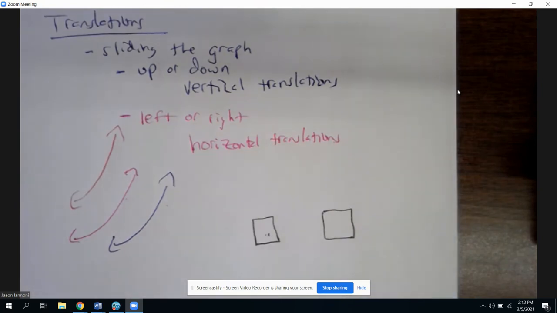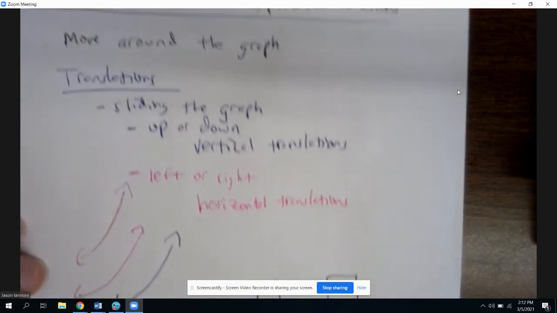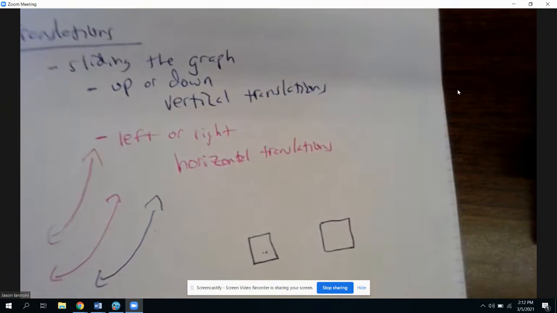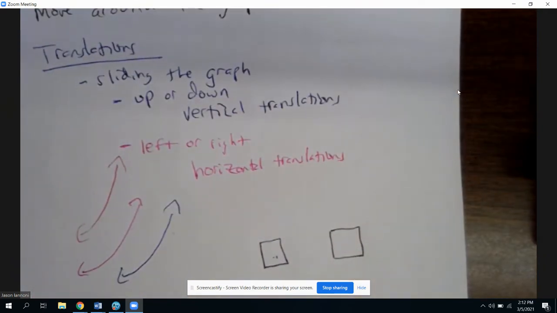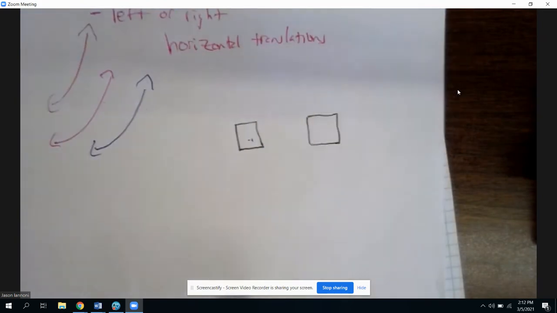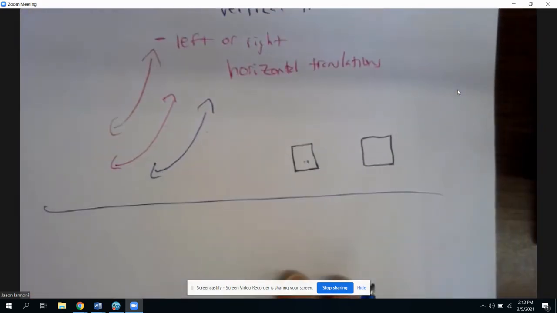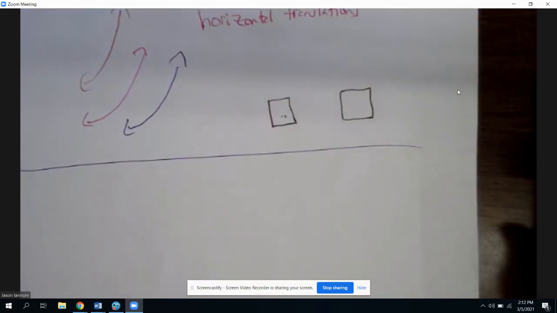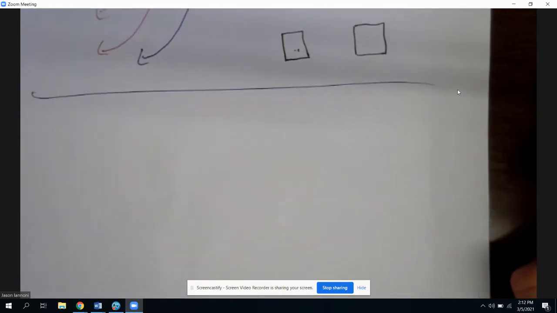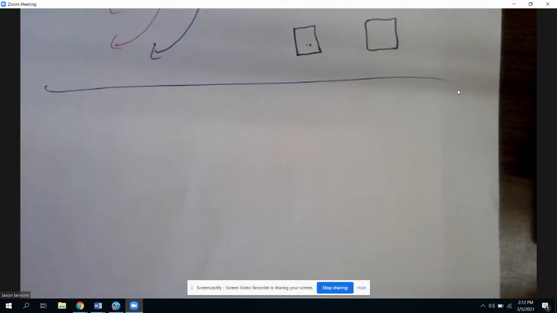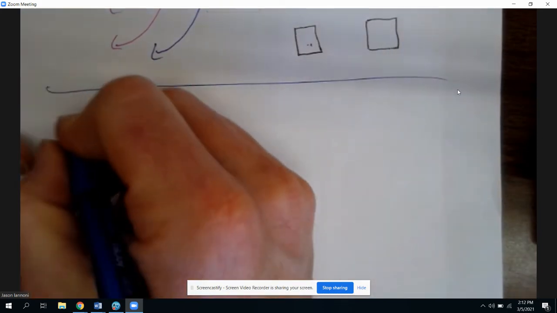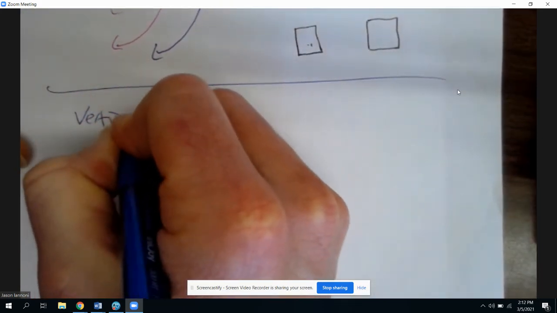We're going to talk about when you might notice it's horizontal and when you might notice it's vertical. So let's talk about vertical translations. As we saw in absolute value functions, we could move the graph around as well.